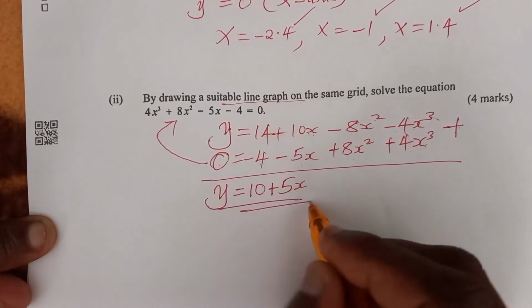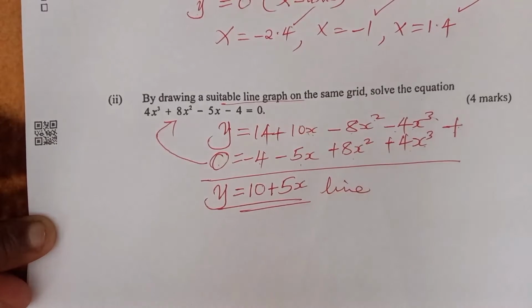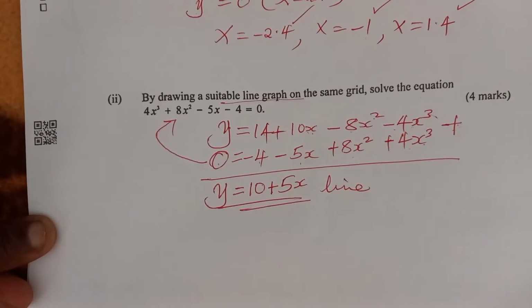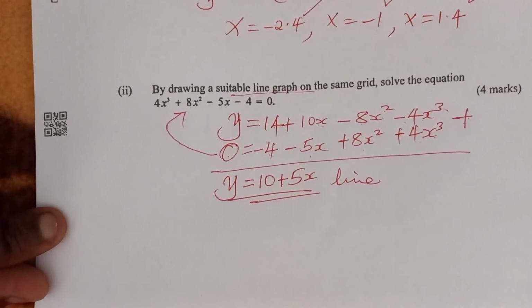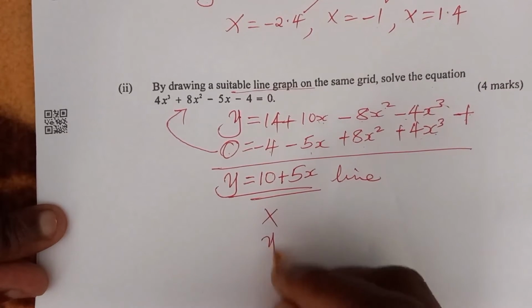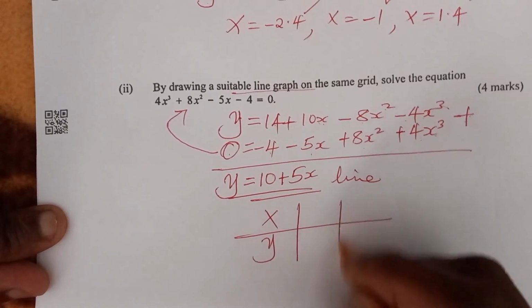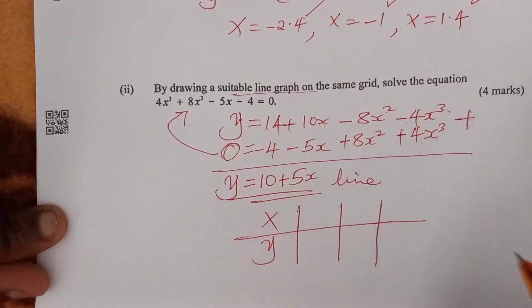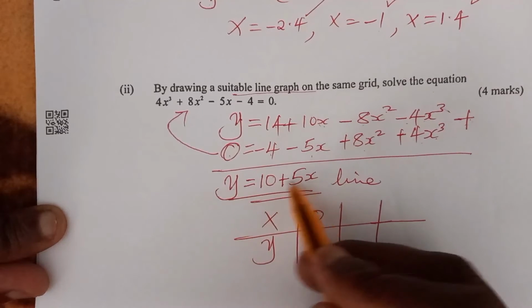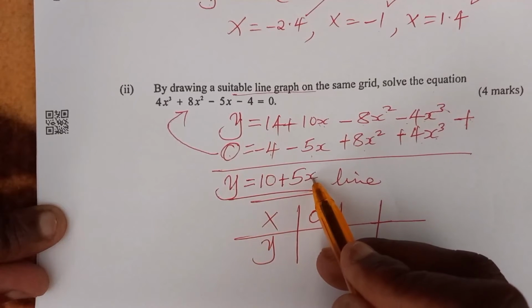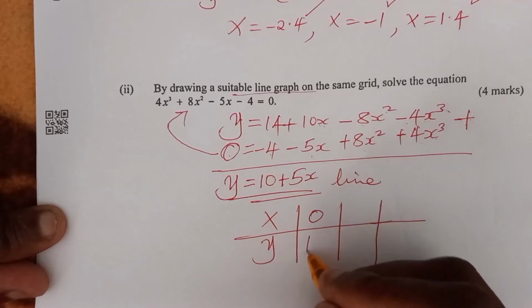So this is the line that you remain with, and that is what you need to draw. So to draw a straight line, you require at least 2 points. So just find any 2 points. We start with 0: when x is 0, just substitute in this equation here. When x is 0, y will be 10.